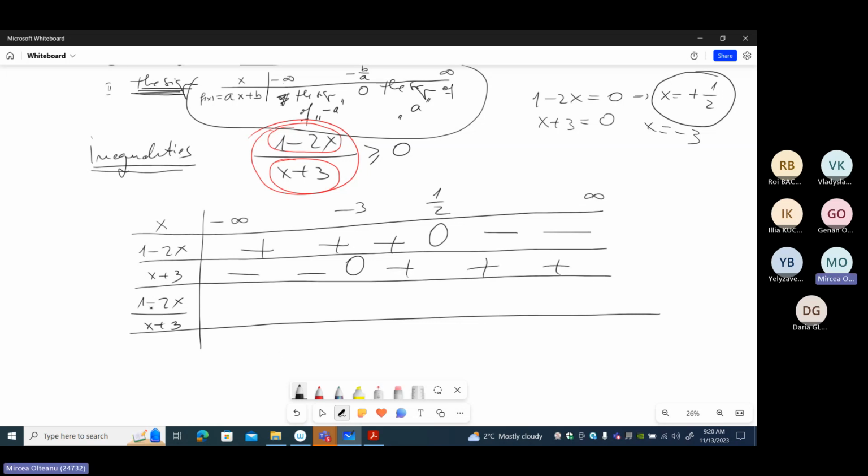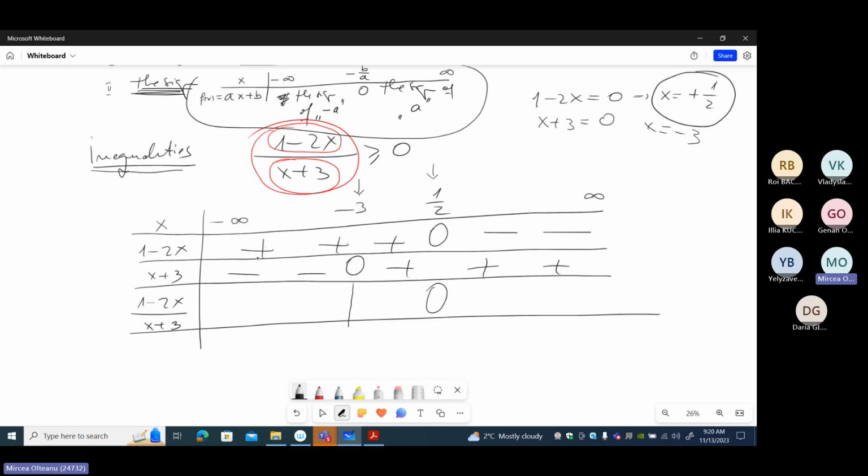And now, what's the sign of the ratio? Well, first of all, what happens here and here? When x equals minus 3, the denominator is 0. When the denominator is 0, the ratio is meaningless. So we put a vertical line like this. When x equals 1 over 2, the numerator is 0. So the ratio is 0.